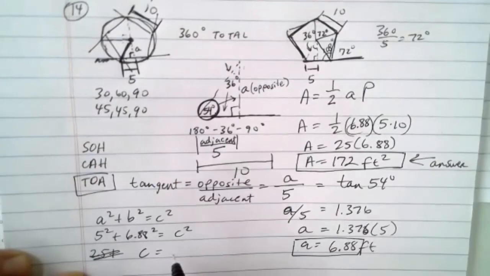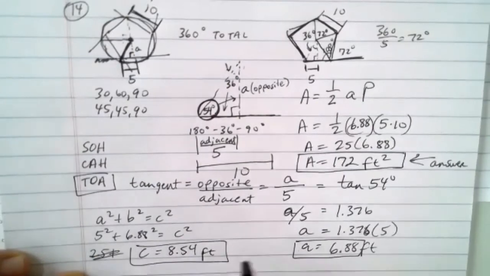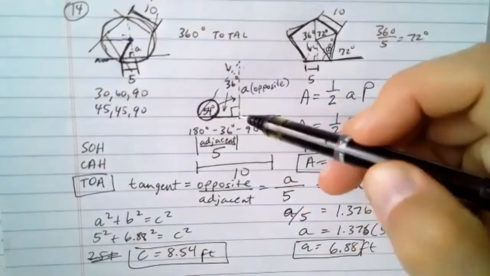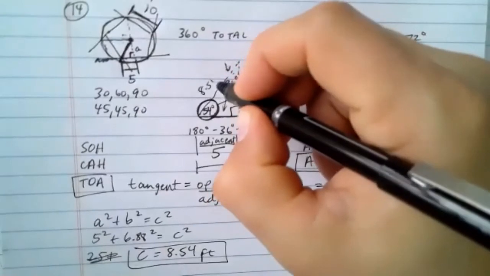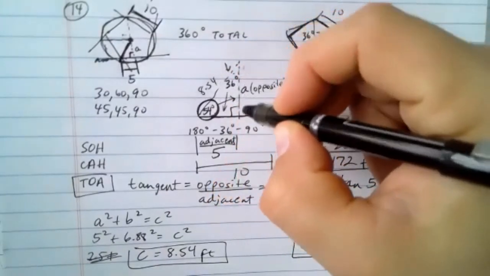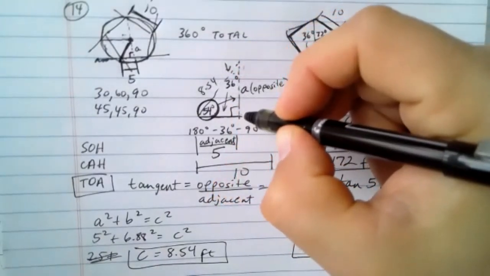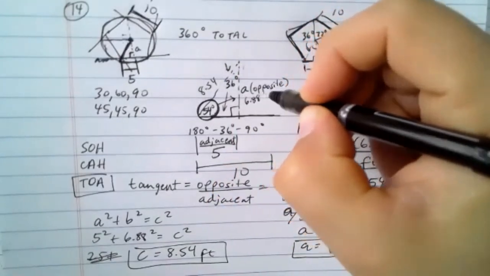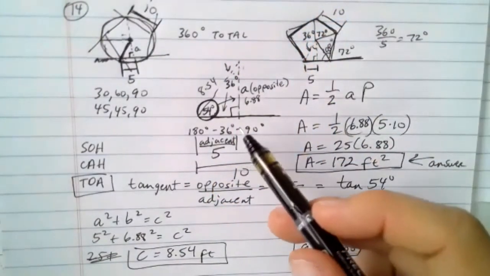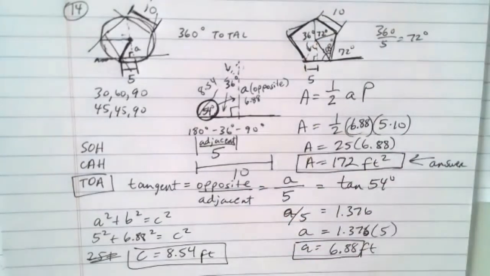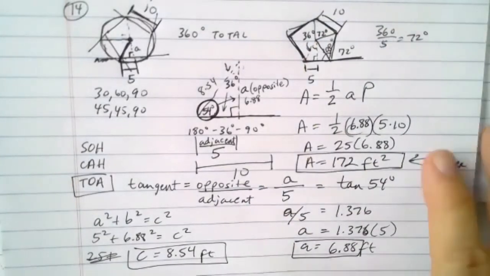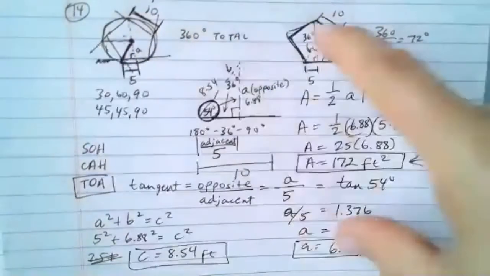So C is equal to 8.54. What was it, feet? Okay, so this is 5, this is 8.54, and this is, what would we say, 6.88? Is that what we said? So now we know all the information we needed to know in order to figure out a regular pentagon.